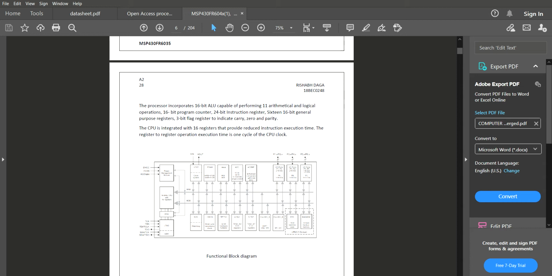So when we Google 16-bit RISC architecture, we can see that there are whole documents on this. To be more specific, we can search Texas Instruments, right?